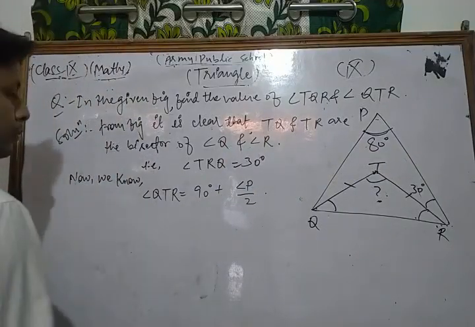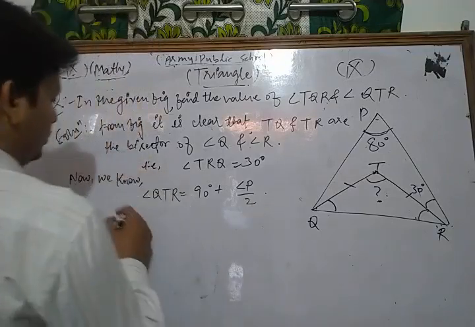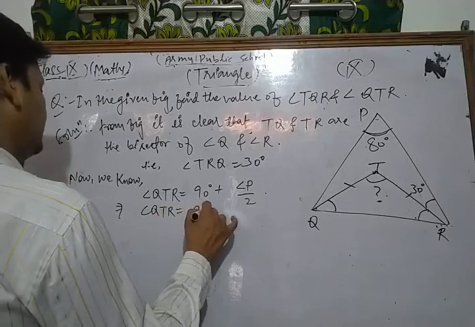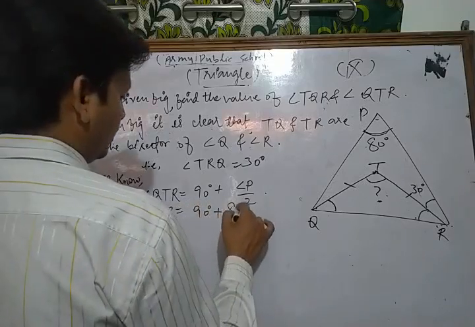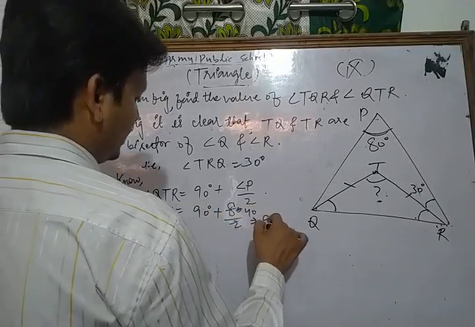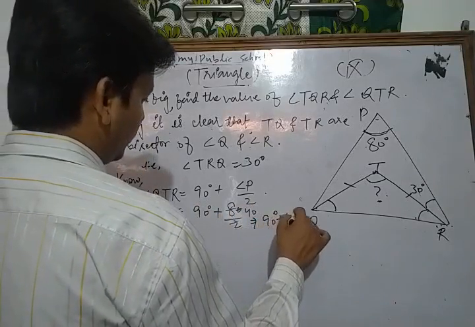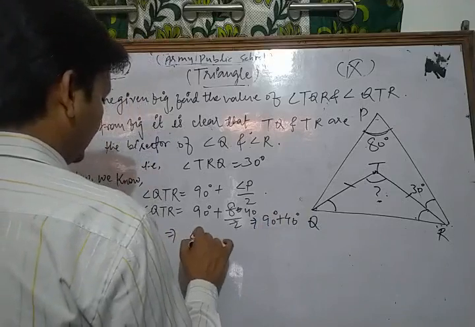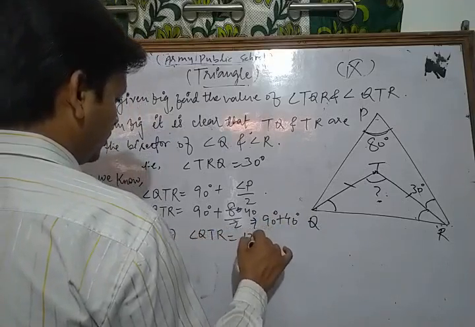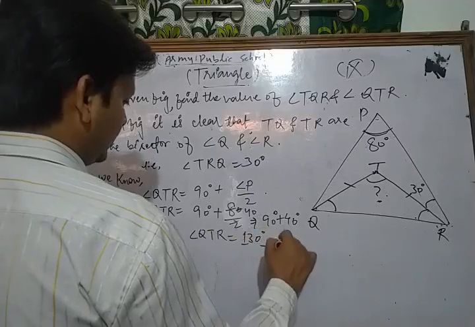Now here we put the value of angle P, so we get angle QTR is equal to 90 degree plus angle P, which is 80 upon 2, that is 40. So we get 90 degree plus 40, that is angle QTR is equal to 130 degree. This is the first answer.